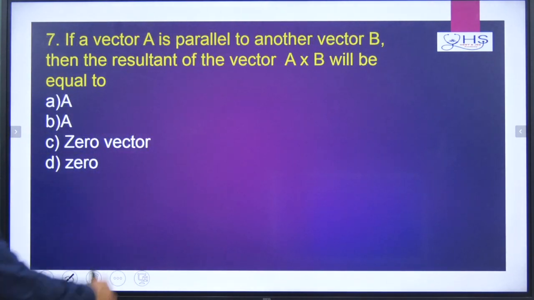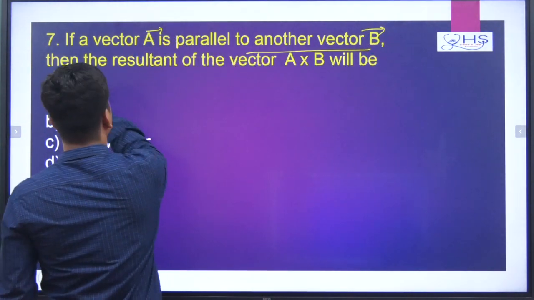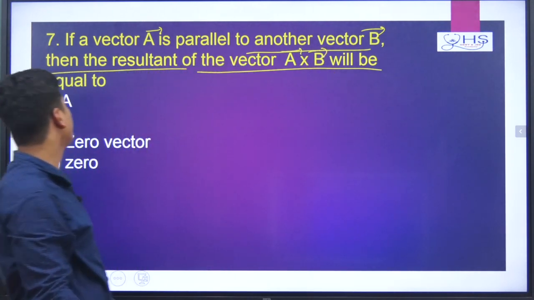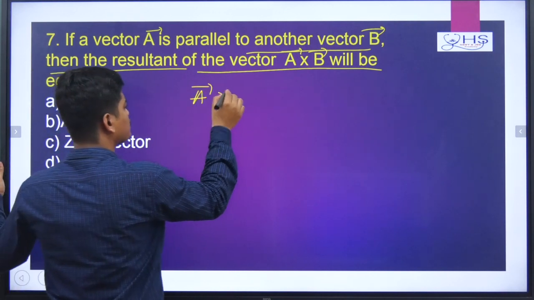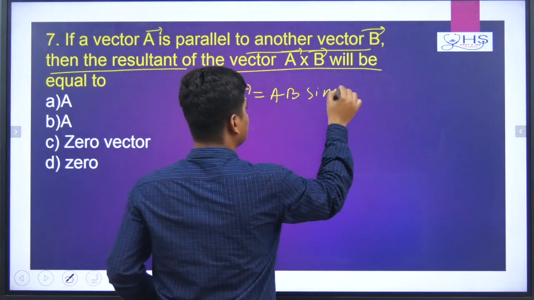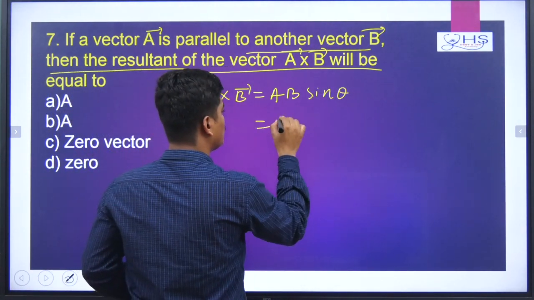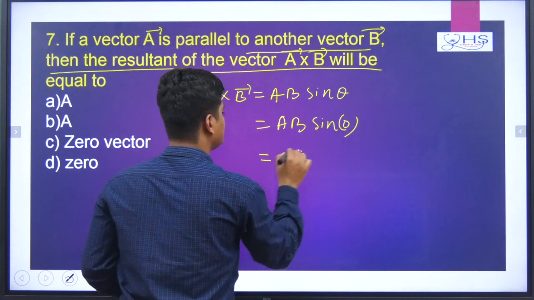Now here, if A vector is parallel to another vector B vector, then the resultant of the vector A cross B is equal to how much? See, just now I told A cross B is nothing but AB sin theta. If two vectors are parallel, then theta will be 0. If theta is 0, then sin 0 is how much? Sin 0 is 0.